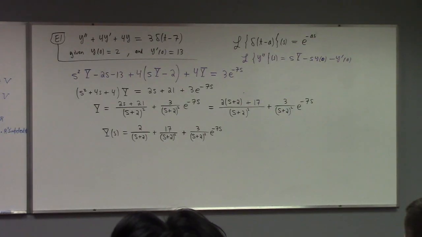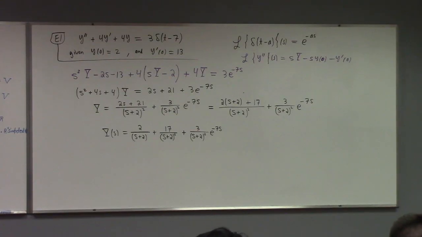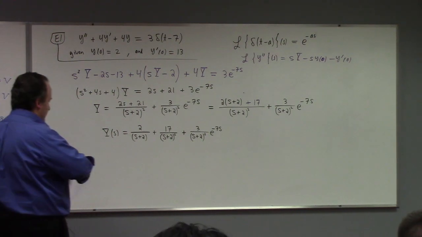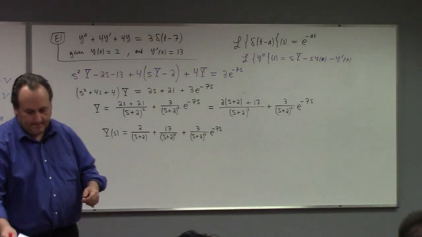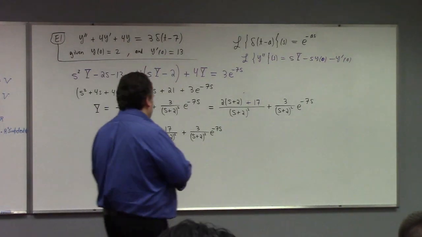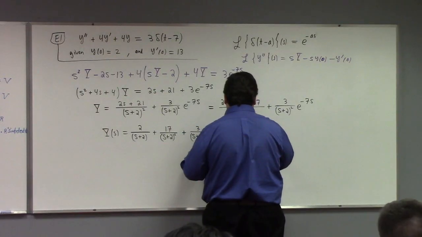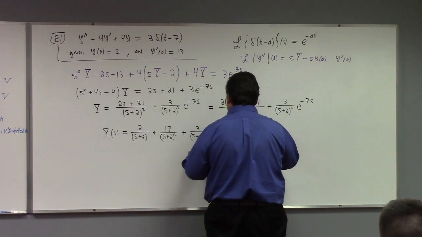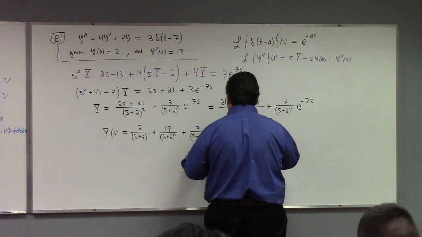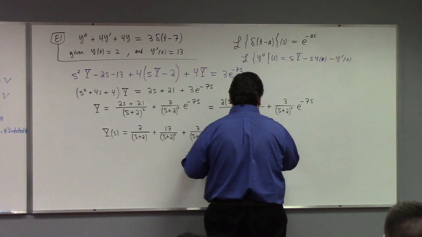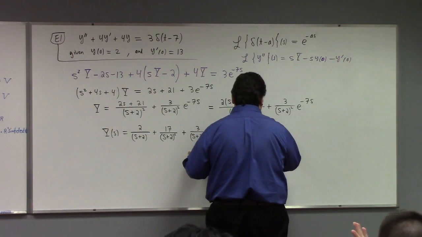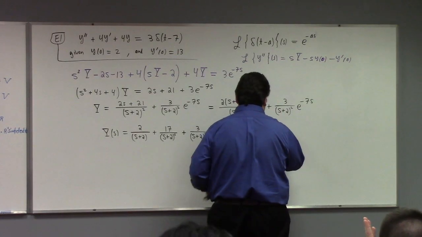Now this is very nice what I just wrote, because that we can straight up take the inverse transform of using our various rules. All right, so the inverse, I guess let me go off on a sidebar here, right? What's the inverse transform of 3 over (s plus 2) squared times e to the minus 7s?